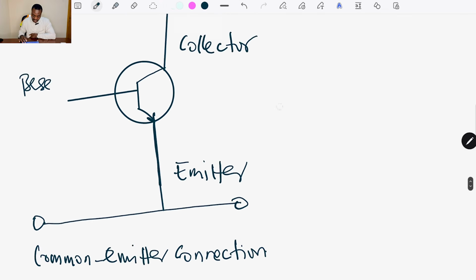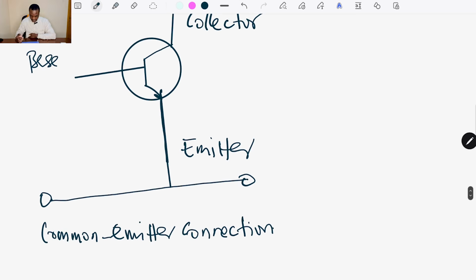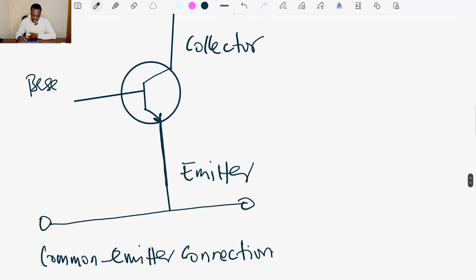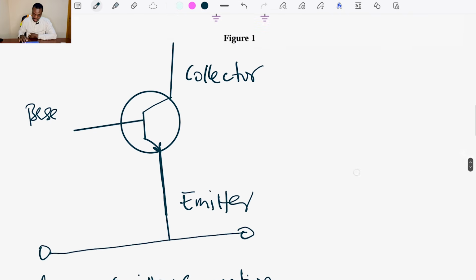Then we use the same technique to illustrate the common base connection. So in the same way, we have our resistor. So I have my resistor here.